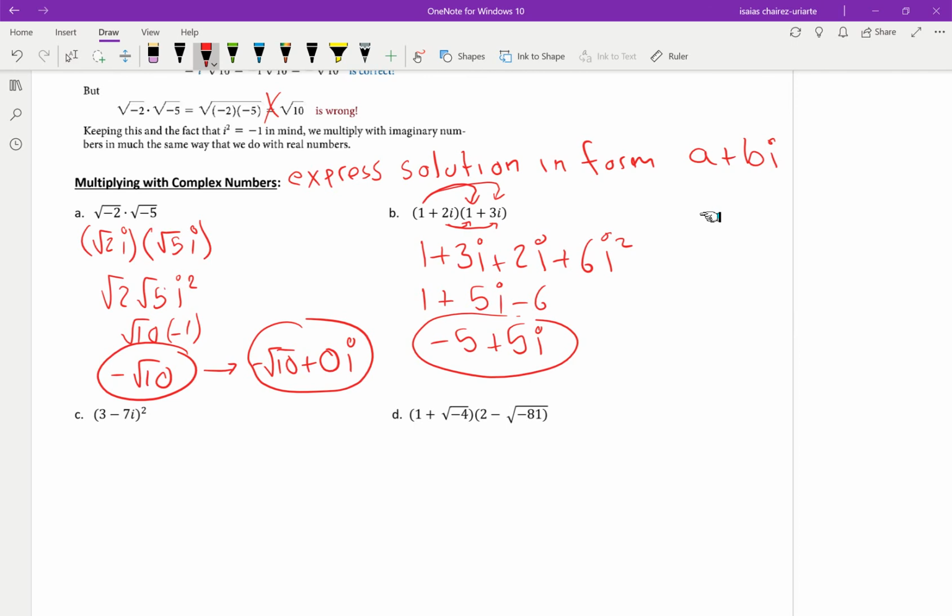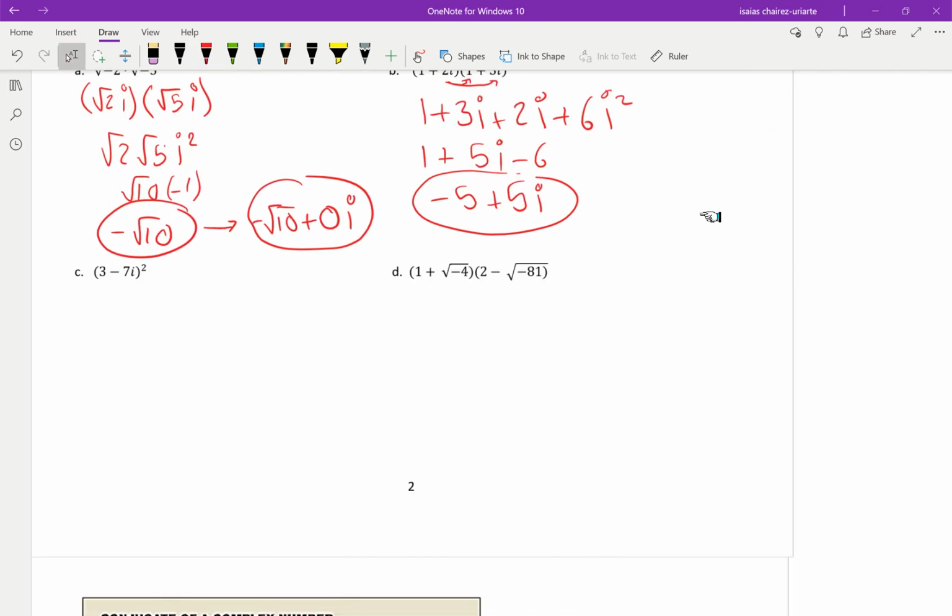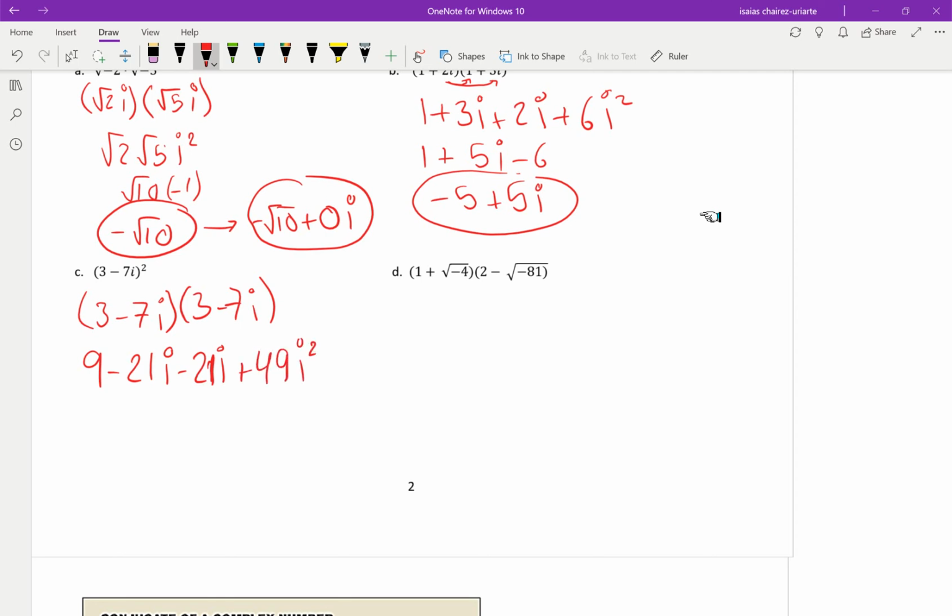Okay, let's try the third one. So this means 3 minus 7i times 3 minus 7i. So similar to the previous one, this is going to become 9 minus 21i minus 21i plus 49i squared.